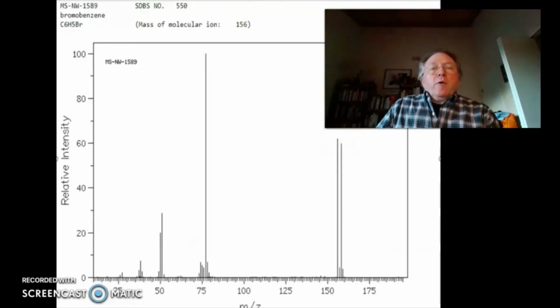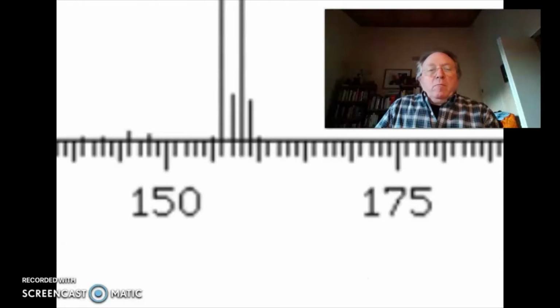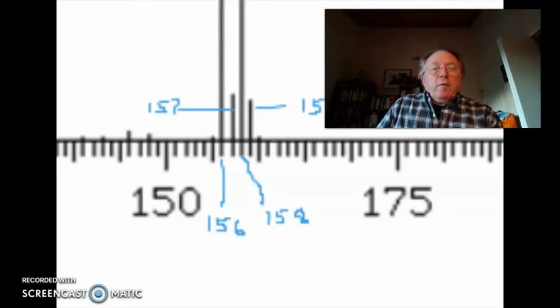Now what I want to do is zoom in at this upper end of the spectrum. And I put in some numbers here just to make this a little easier. This is 155. So this large peak is 156, and this is then 157, 158, and 159.